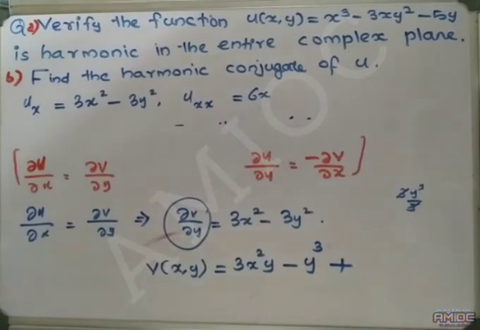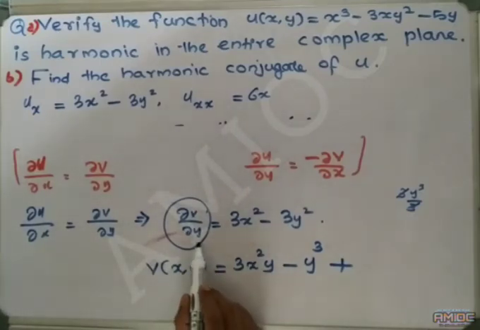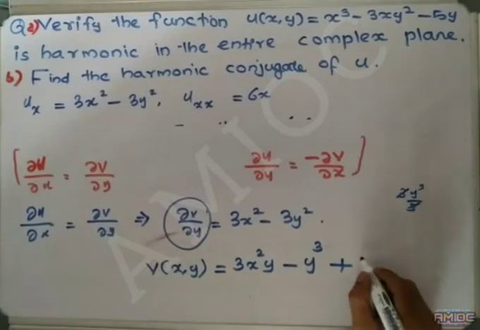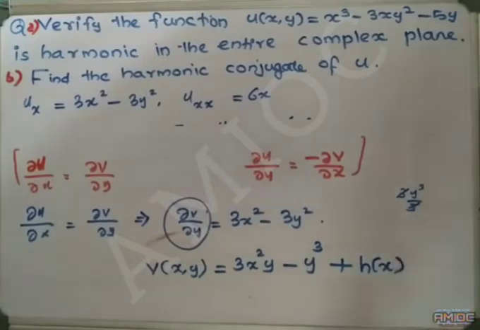Since we are integrating with respect to y, the constant may contain terms of x. Therefore, the integrating constant is a function of x. Therefore, v of x, y is given by 3x²y minus y³ plus h of x.